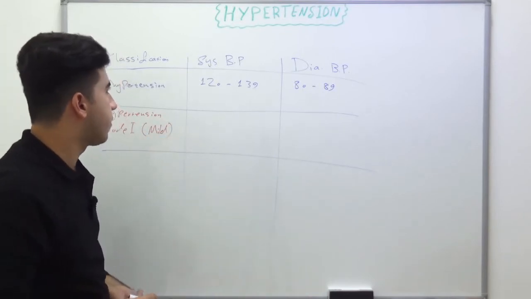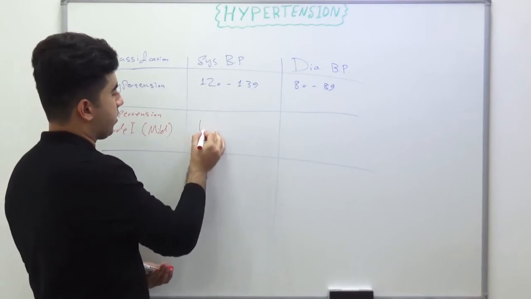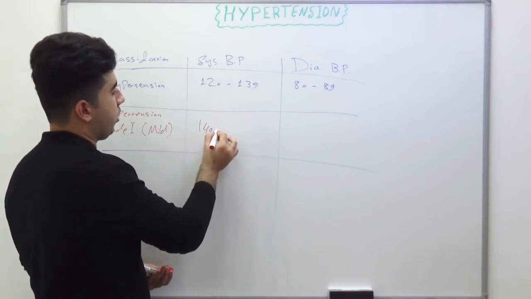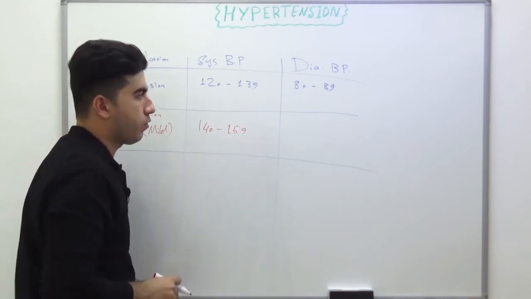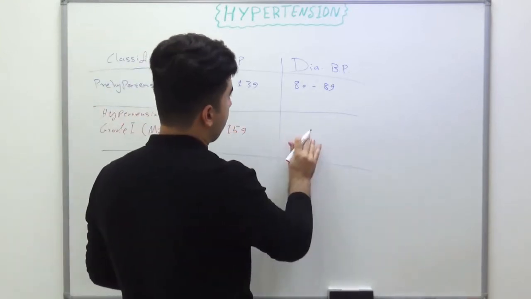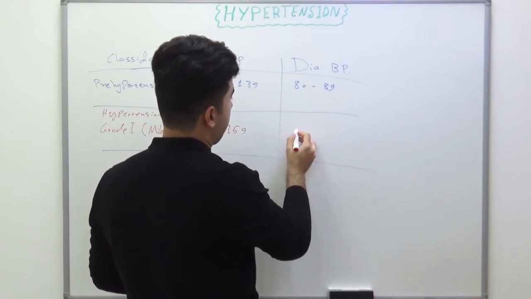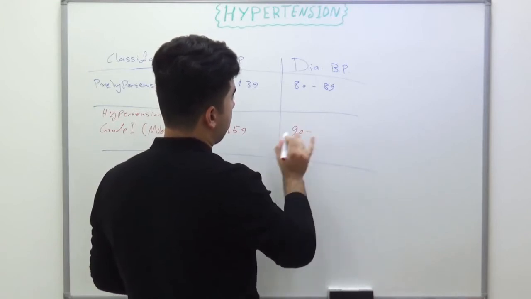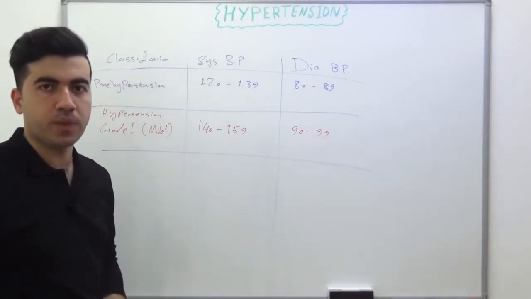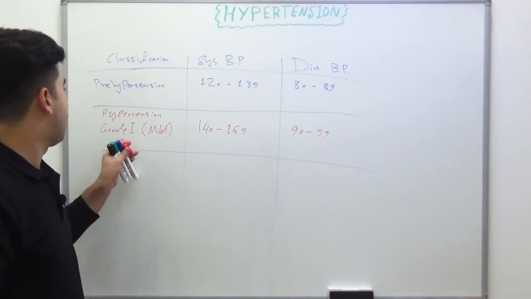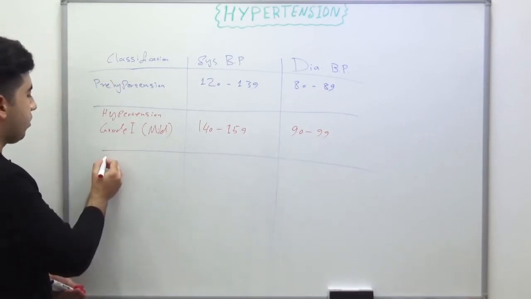In these patients, the systolic blood pressure is 140 to 159, and the diastolic value is about 90 to 99 millimeters of mercury. These patients are called grade 1 hypertension. Then we have grade 2 hypertension.